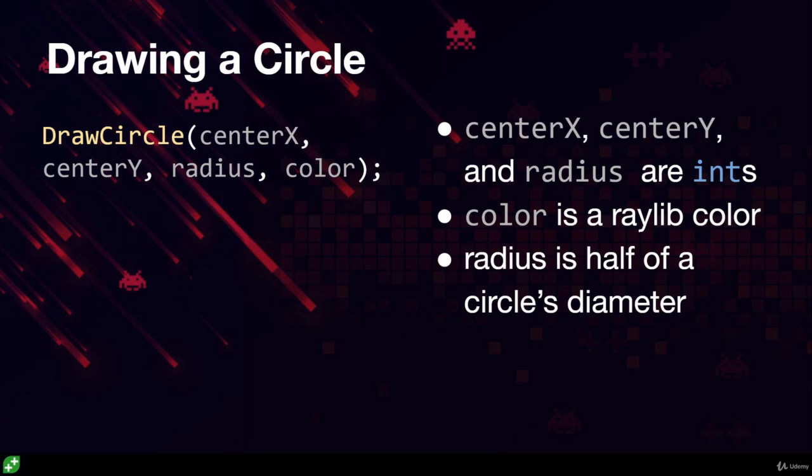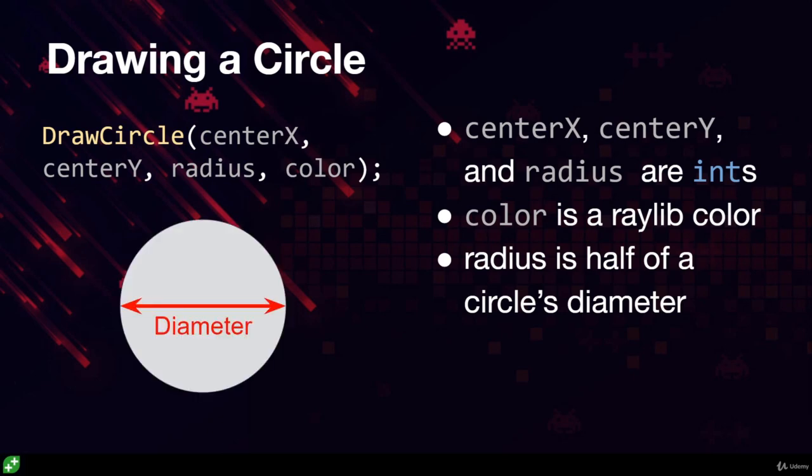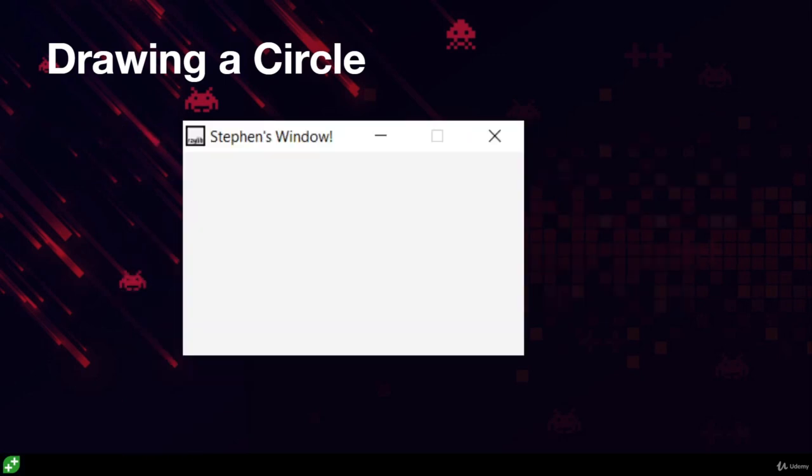Now, if you were too busy eating your glue stick while the teacher was droning on about this in school, here's a circle, here's its diameter, and half of that is the radius. Now, what do we mean by x and y with our center x and center y? Well, here's a Raylib window. And from the left to right is the x direction.